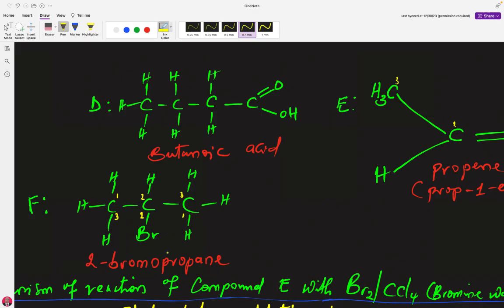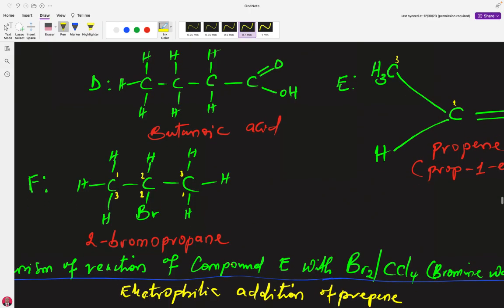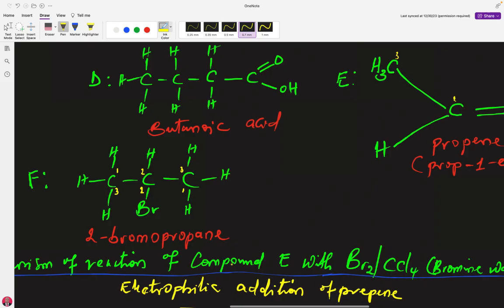What you have noticed is that it falls on the same second carbon. Therefore, we give the name as 2-bromo. Then the parent chain is the longest chain, 1, 2, 3, and that is propane. So that is the displayed structure of F.